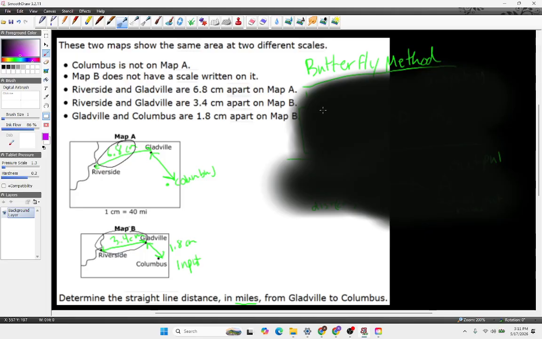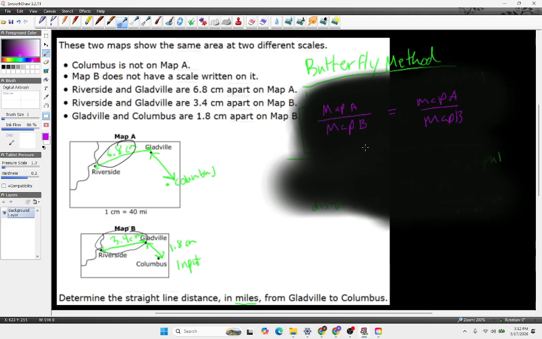So it's going to be map A. Remember, it's always output over input, over map B, for Gladville to Columbus for both of them. And then we're going to go map A over map B.